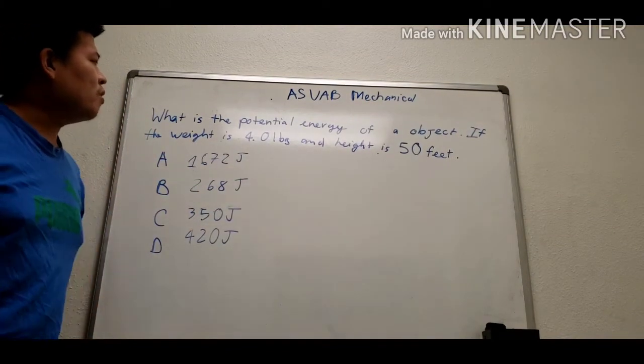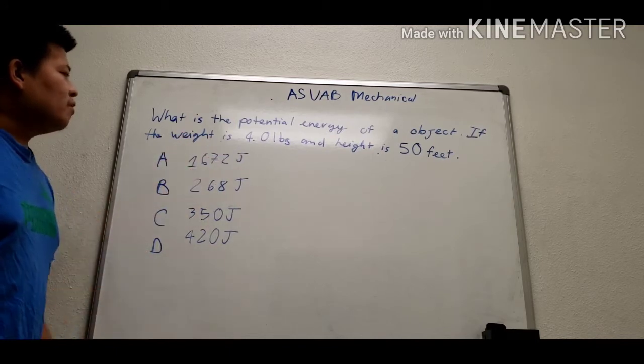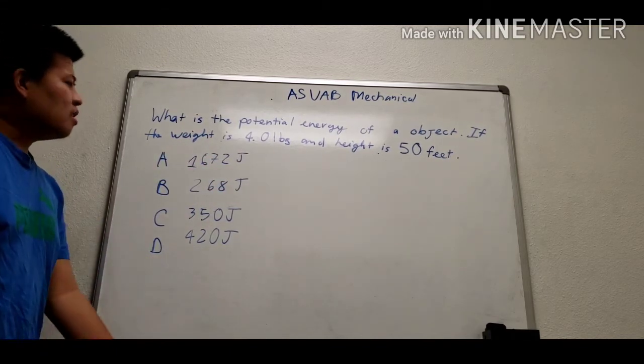What is the potential energy of an object if the weight is 4 pounds and the height is 50 feet?